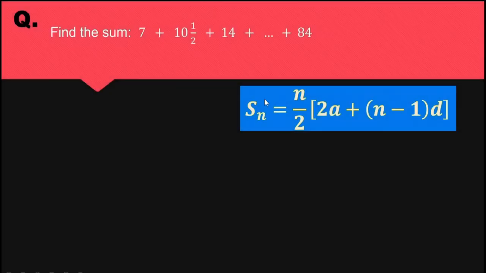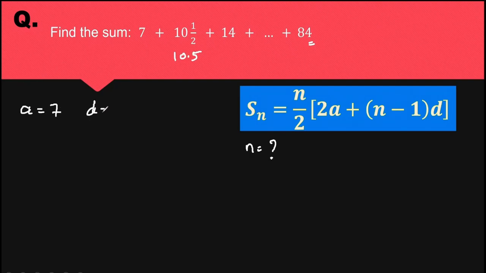Next question is similar to the previous one. Find the sum of the given AP starting from 7, 10.5, 14 and up to 84. Now here we don't know how many terms, we don't know the value of n. So the first thing is we need to find the value of n, and to find that, let us first write the first term, that is 7.